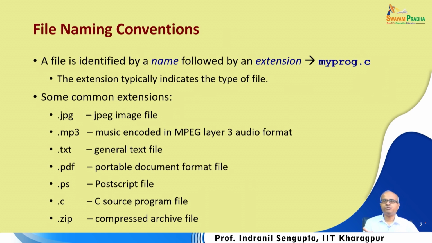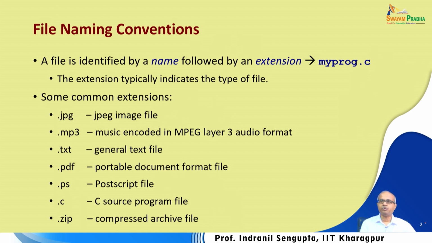Also, there are so many different kinds of files. You can have a program file, a text file, a document file, an image file, a video file, an archive file, so many different kinds of files are there. In order to distinguish between these different kinds of files, most operating systems have the provision of providing something called extensions.